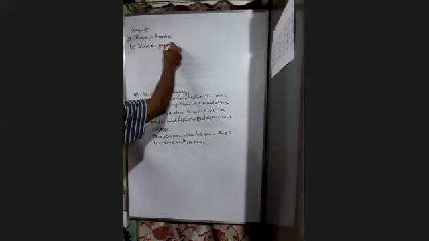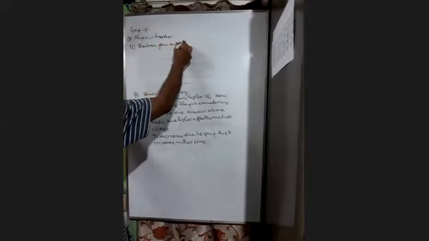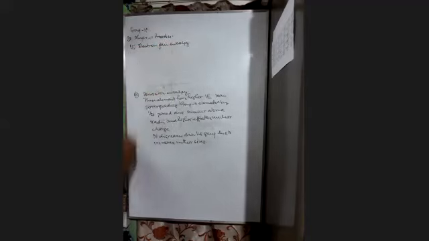Done, sir. Okay. Now, next is what? Electron gain enthalpy. Same thing. Electron gain enthalpy is negative. What should I write now here?